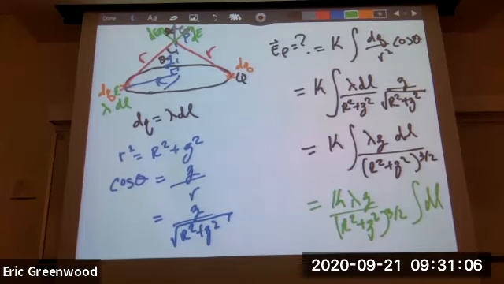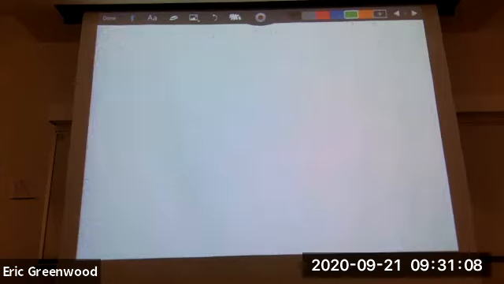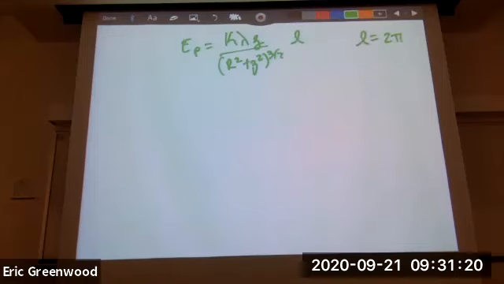The circumference. So at the end, this thing becomes, vector field at point P is equal to k times lambda times z divided by r squared plus z squared to the 3/2, all times L, but L is simply equal to 2 pi r. Lambda, at the same time, is equal to the total charge q divided by the length, which is the same thing as q divided by 2 pi r.